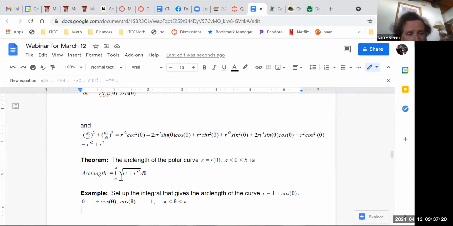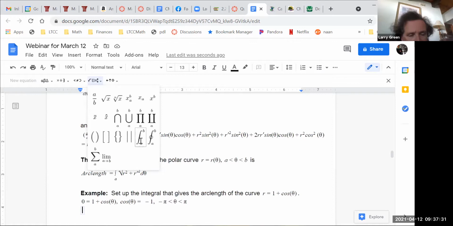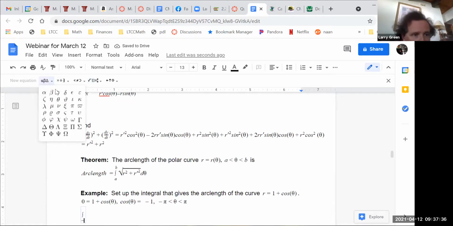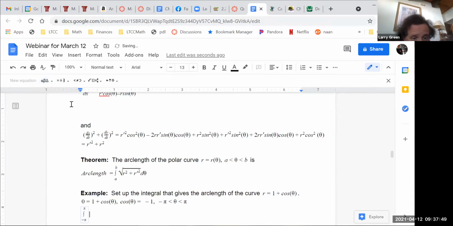And then we go and plug in. Isn't too bad. So we're going to have an integral from negative pi, let's try again, negative pi to pi. And then we're going to have a square root.